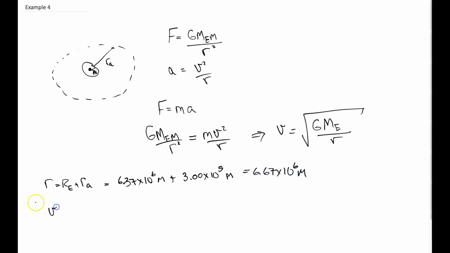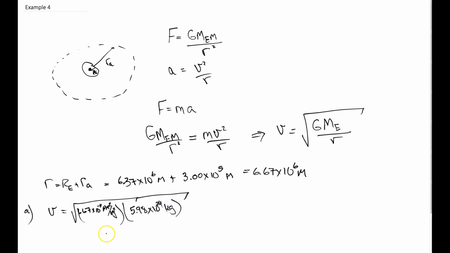So now the velocity in part A, or the speed, if you wish, is going to be the square root of 6.67 times 10 to the minus 11th Newton meter squared per kilogram squared times the mass of the Earth, which is 5.98 times 10 to the 24th kilogram, all over 6.67 times 10 to the 6 meters.